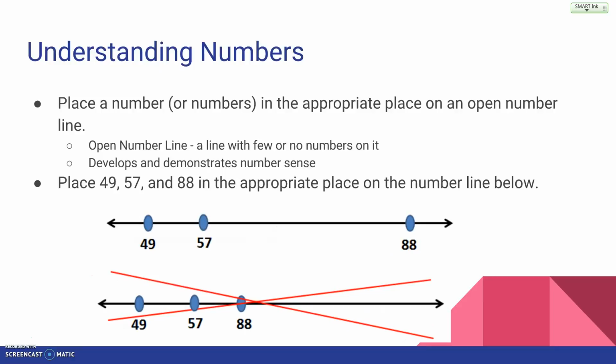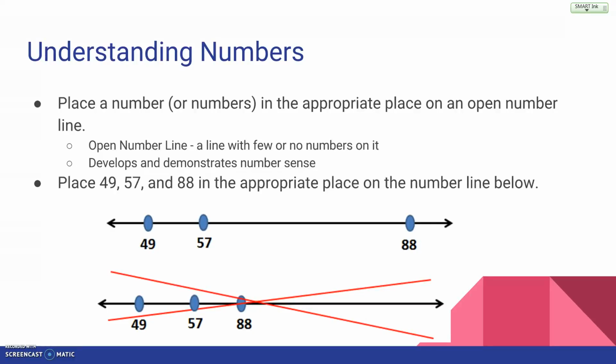Here's an open number line that a student might be given with no numbers on it originally, and the student is asked to place three numbers, 49, 57, and 88, in the appropriate place on the number line below. So what they have to consider first is the order that these three numbers belong in and the magnitude of the numbers.